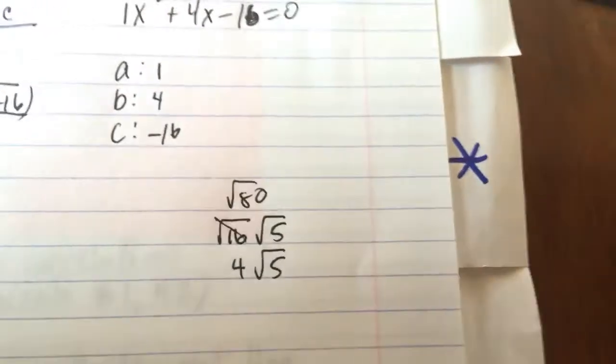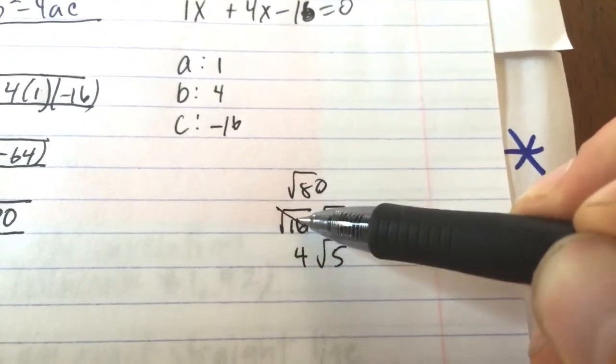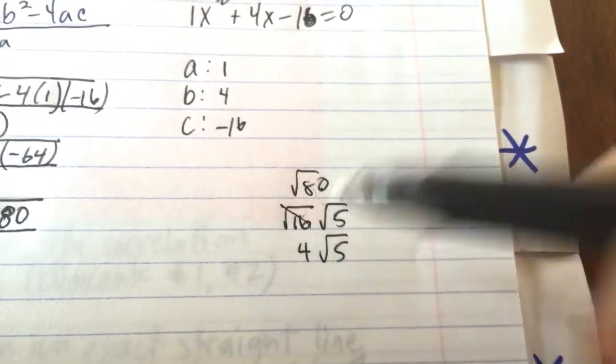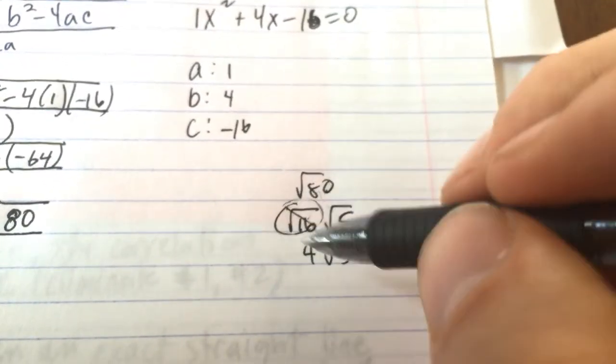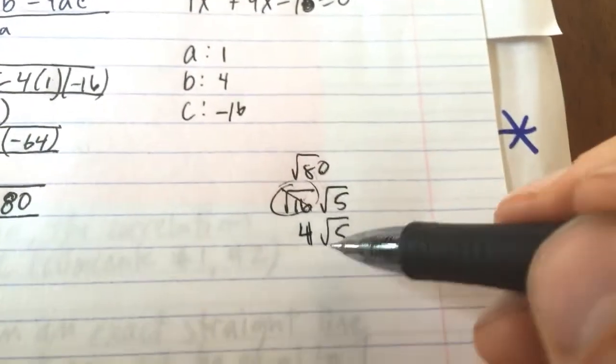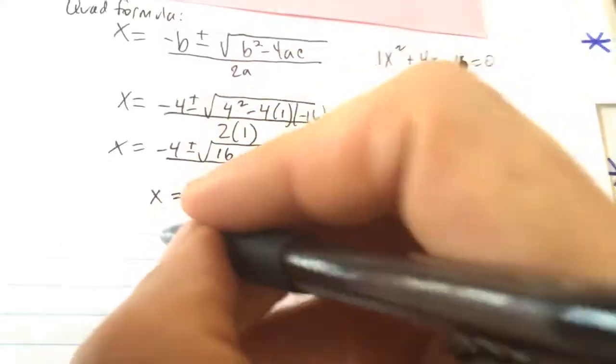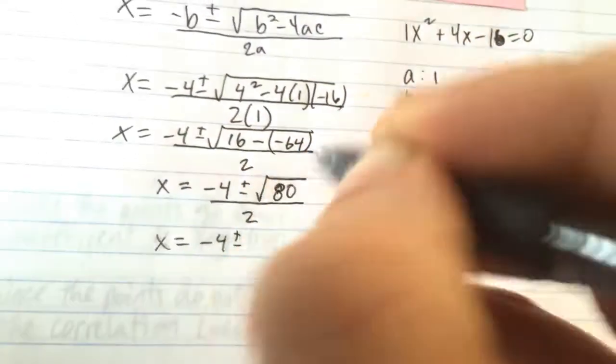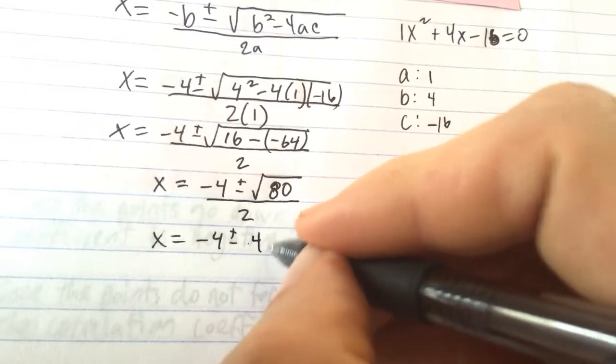The square root of 80, if you remember, can be simplified. It can be broken up into the square root of 16 times the square root of 5. The square root of 16 is a perfect square, it's the whole number 4. So I am going to replace the square root of 80 with 4 square root of 5, all over 2.